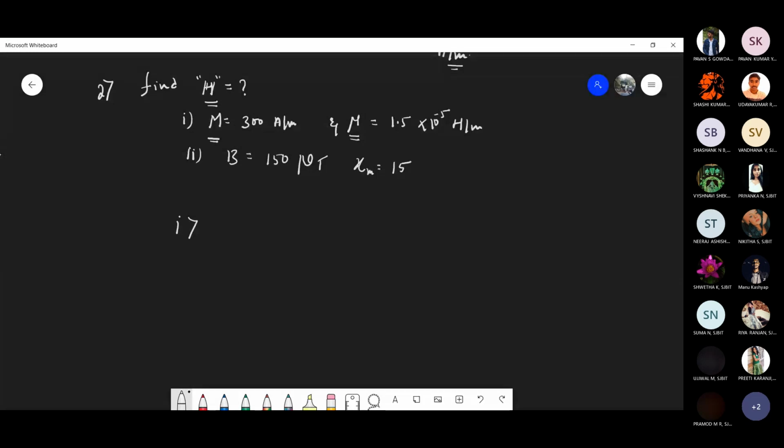H and M are related with an equation of psi m. Psi m is equal to M divided by H. Correct? So H is equal to M by psi m.